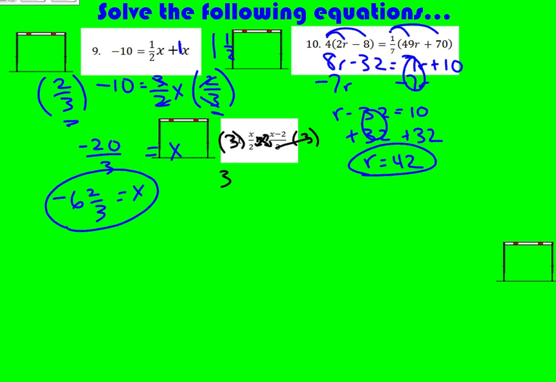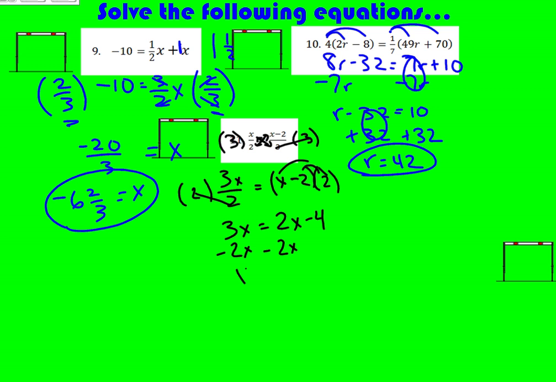So you'll have 3x over 2 equaling x minus 2. Now multiply both sides by 2. You'll get 3x equals 2x minus 4. This is like distribution up back here. So subtract 2x. x is going to equal negative 4.